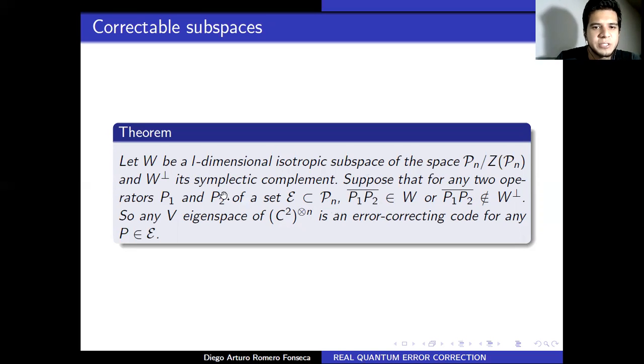Then every eigenspace of the n-qubit space, of course, we are seeing this space as a representation of W, is an error correcting code. Okay, so our purpose was to find subspaces that are protected against some kind of error. And now the problem turns to looking for the subspaces that are eigenspaces of our representations.